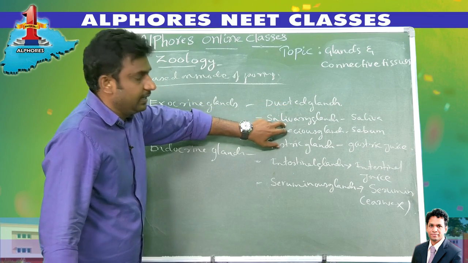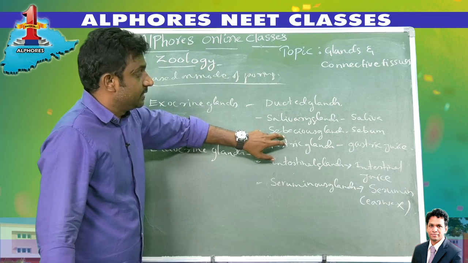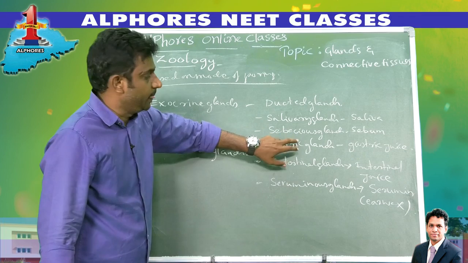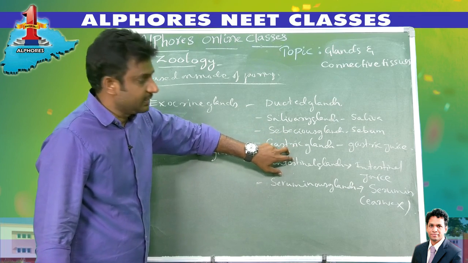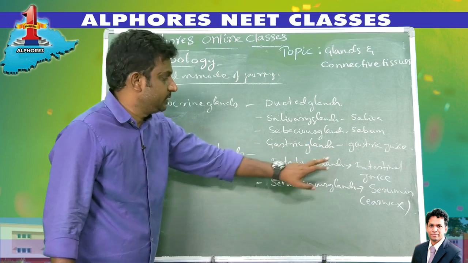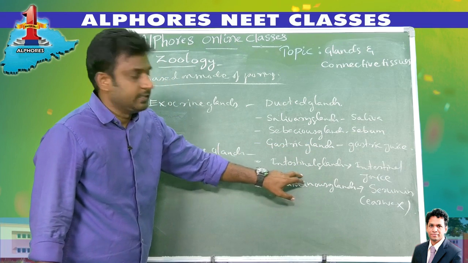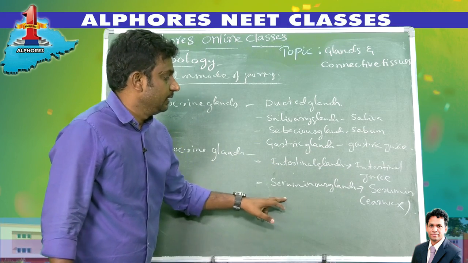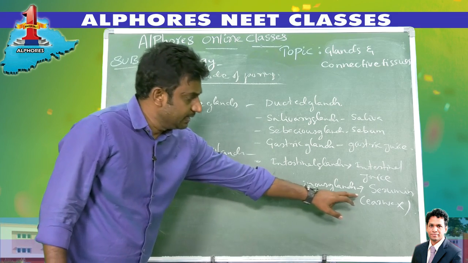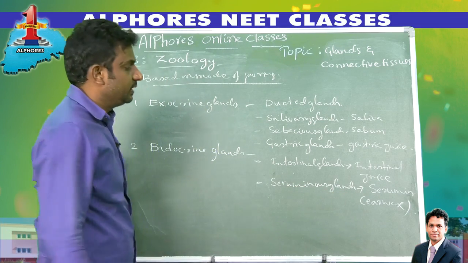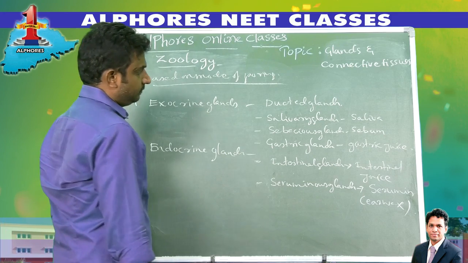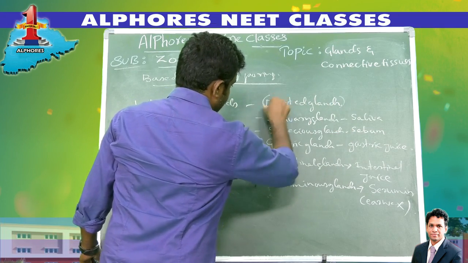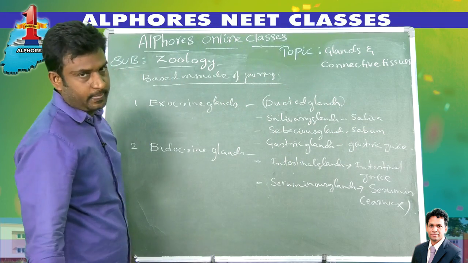Examples: salivary glands secrete saliva; sebaceous glands secrete an oily secretion called sebum; gastric glands secrete gastric juice; intestinal glands secrete intestinal juice; ceruminous glands secrete cerumen, also called earwax. All these secretions pass through the ducts. That's why these are called ducted glands.